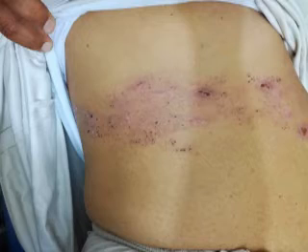Post herpetic neuralgia is a common complication and defined as persistence or recurrence of pain more than 1 month after the onset of shingles. So the cause is varicella zoster virus, and the symptoms are fever, severe pain over areas involved, headache, blisters.